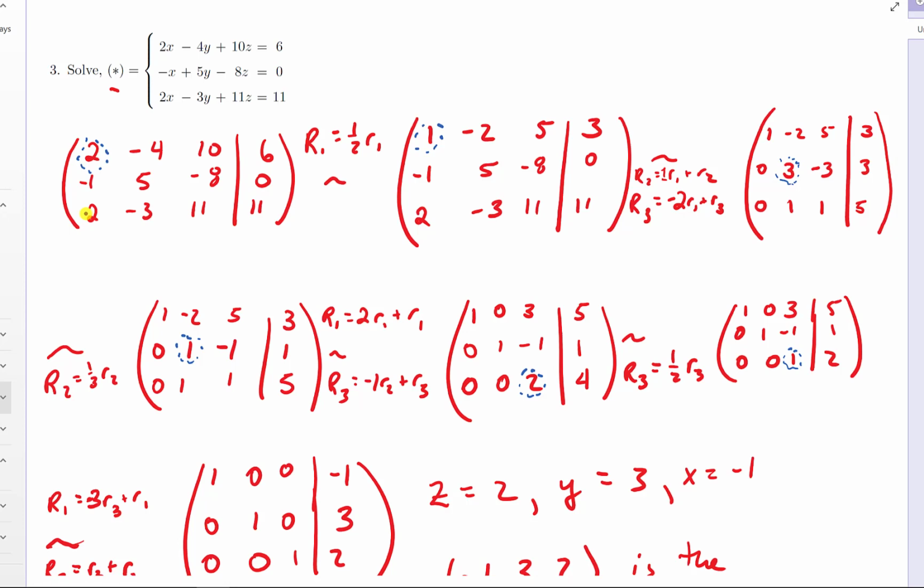But I can't anticipate all the ways you might try to row reduce this, so you need to follow the algorithm. Notice in this case I set up this matrix so that there were no fractions. And on an exam I will make sure that if you have one of these just solving a system of equations, I'll set it up so that you don't have fractions, but you have to follow this algorithm.